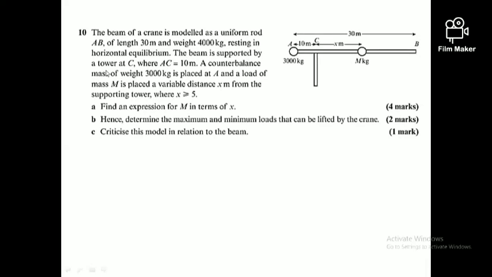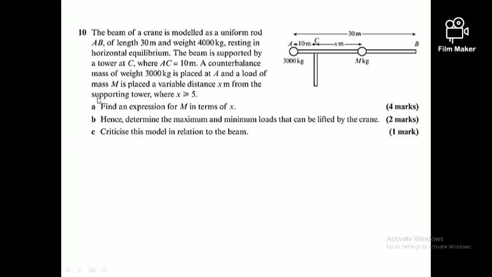The beam is supported by a tower at C, where AC is 10 meters, and a counterbalance of weight 300 kilograms, placed at A, therefore the weight is 300 G, and a load of mass M placed at a variable distance of X. According to the force we apply over here, we can keep the system conveniently balanced. That is why we're keeping a mass M at a variable length of X over here, right?